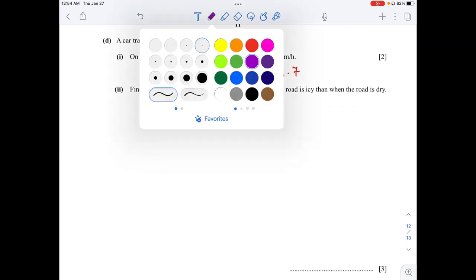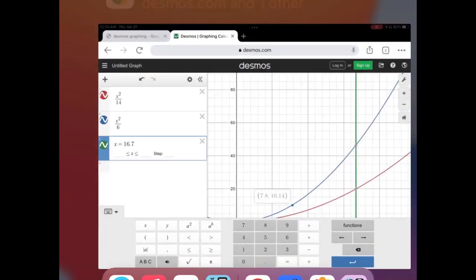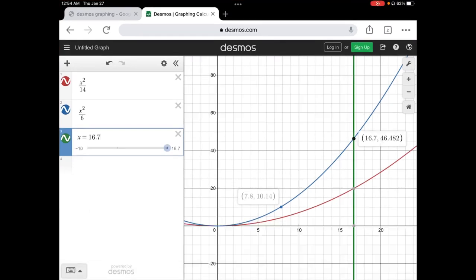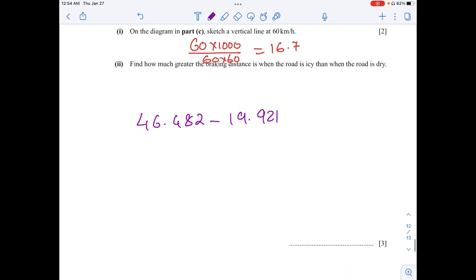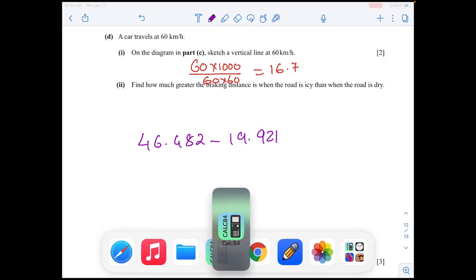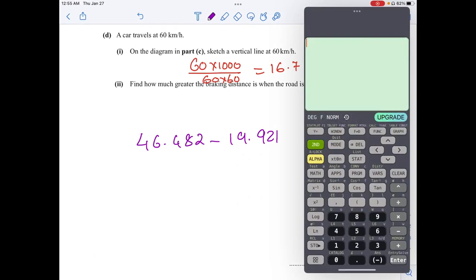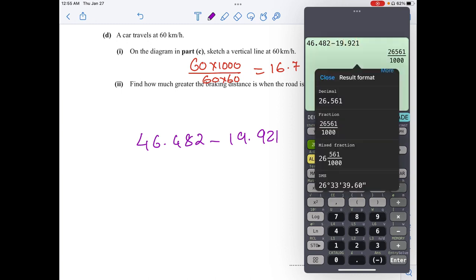For that, we can go back to the graphing calculator and check those values. So this value is 46.482 and 19.921. 46.482 minus 19.921, so take the calculator, which is 26.561.